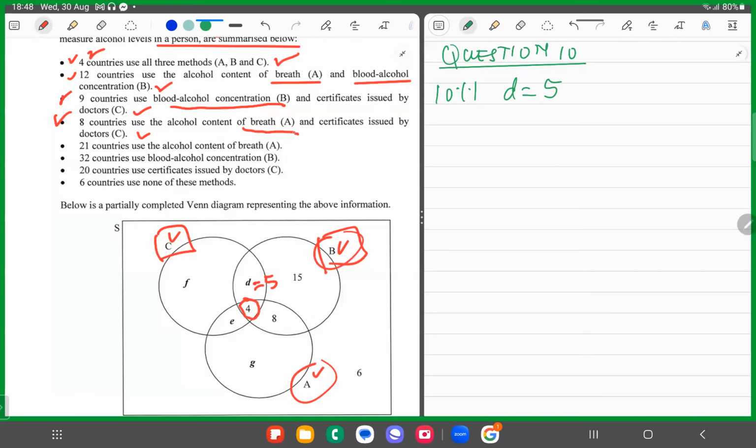So 8 countries use A and C. Here is A and here is C, and those are exactly 8 countries.